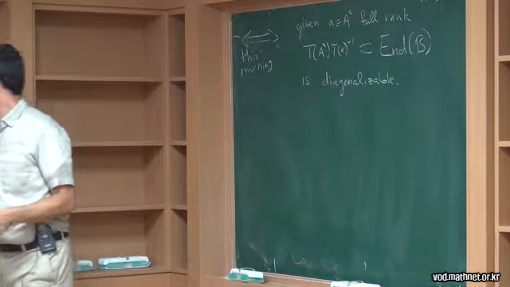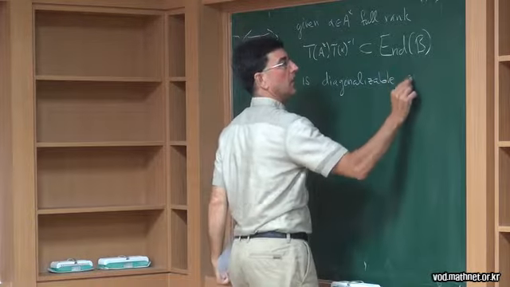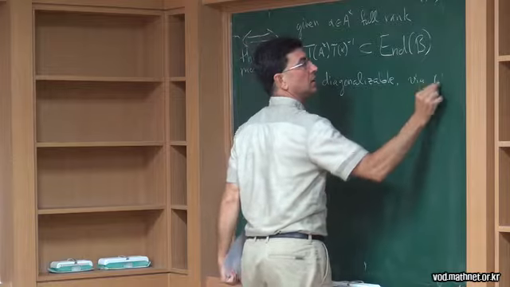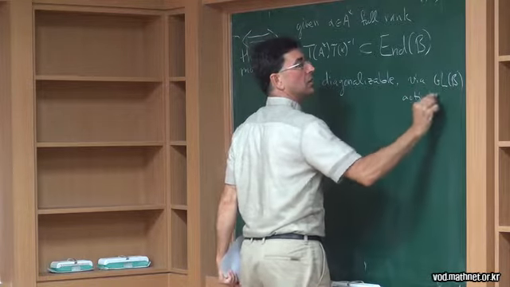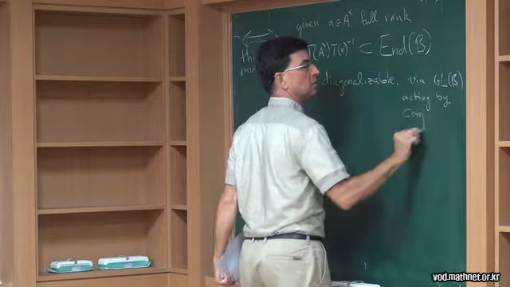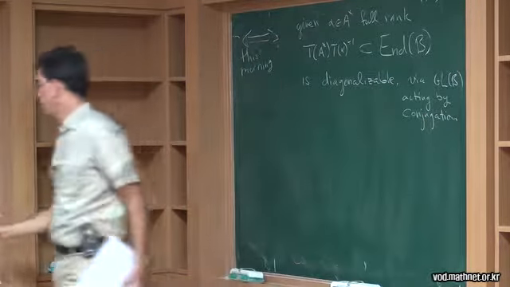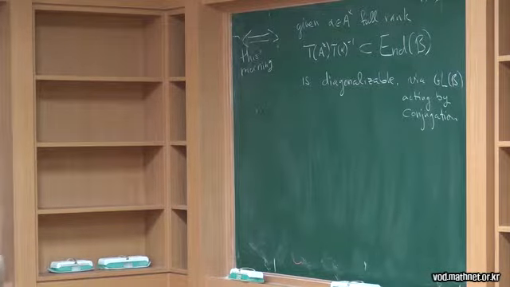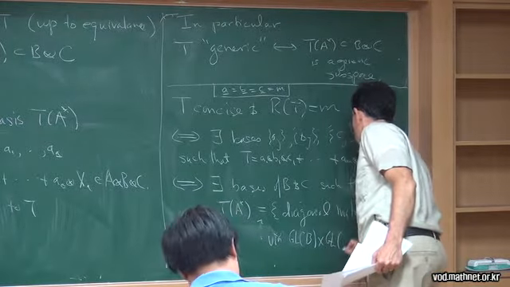Here, to be diagonal, via GLB acting by conjugation, whereas here, this is really the GLB cross GLC.